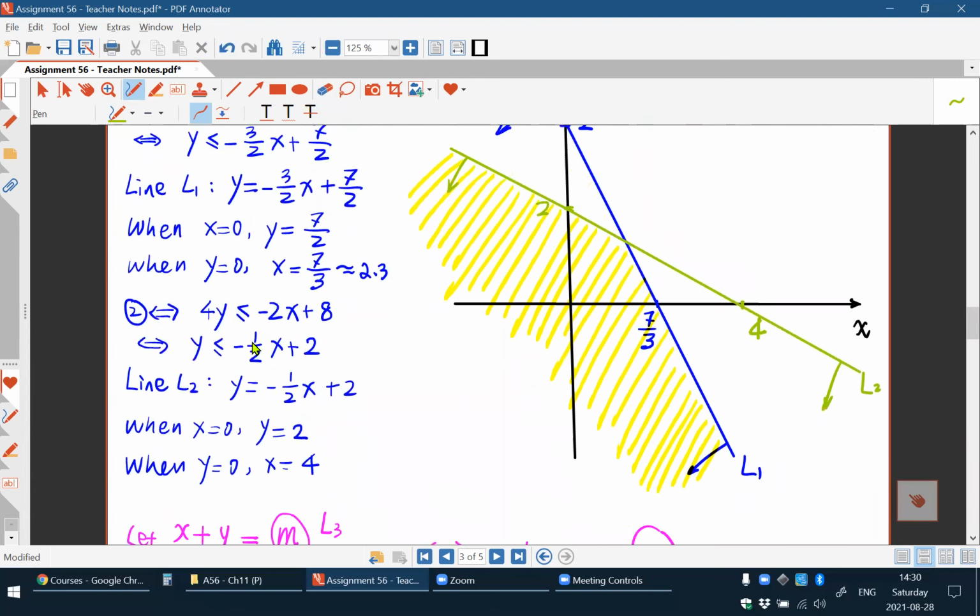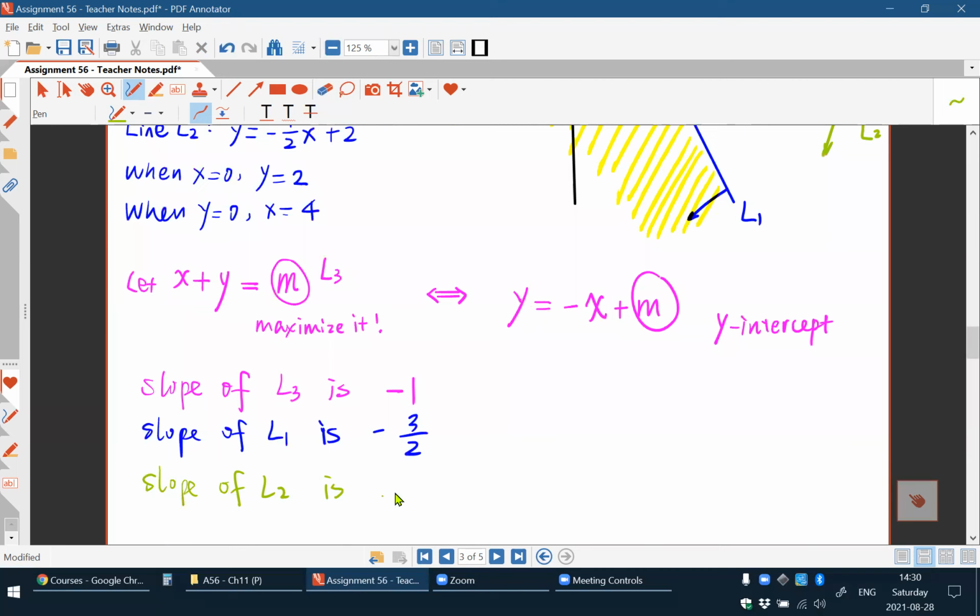Green line has a slope of minus 1/2. So note that minus 1/2 is the largest value of the three, right? And minus 3/2 is the smallest. And minus 1 is right in the middle of minus 3/2 and minus 1/2.